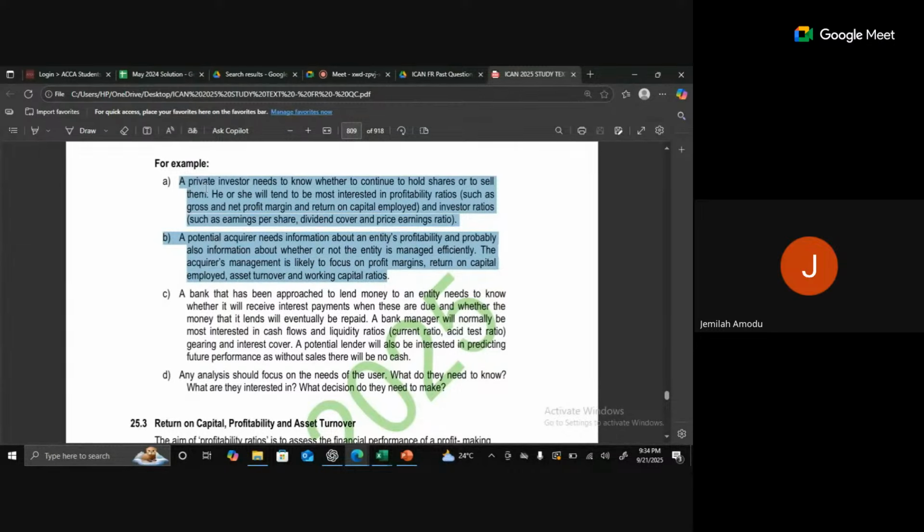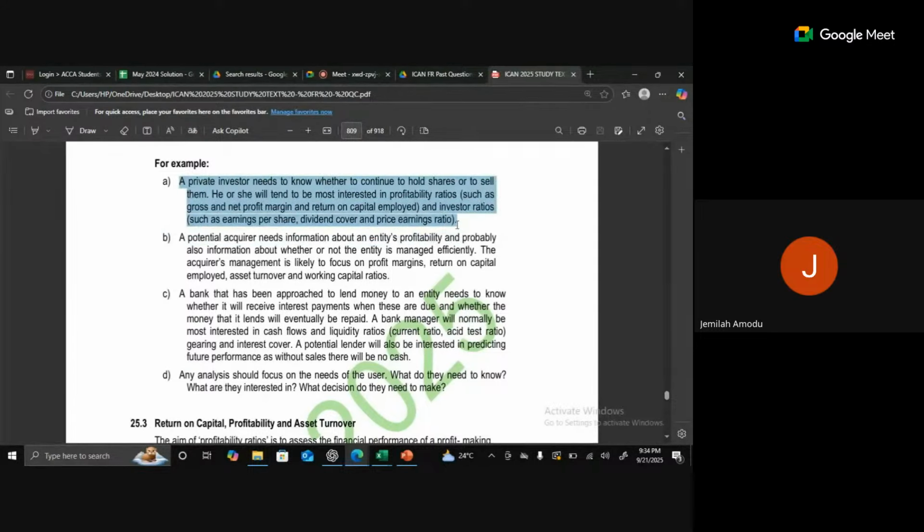They said a private investor needs to know whether to continue to hold shares or to sell them. He will then tend to be most interested in profitability ratio, such as gross and net profit margin, right? So this is them just telling you what to expect.